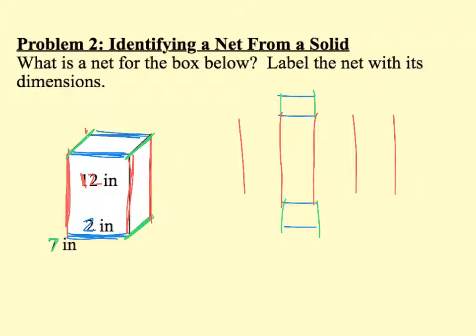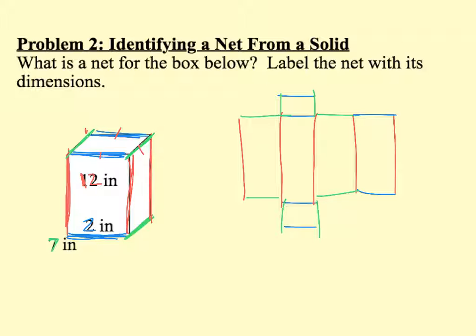Now if you look at the tops, they alternate between blue and green. So the tops are going to alternate as well. So green, blue, green, blue. Same thing on the bottom. Blue, green, blue, green. So this is going to be our net.